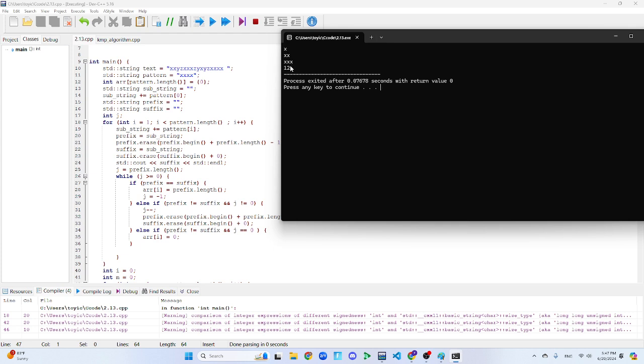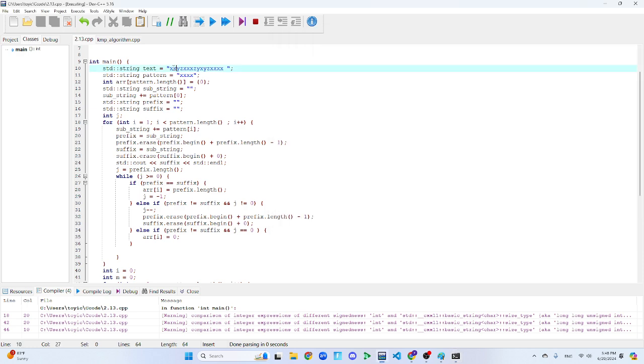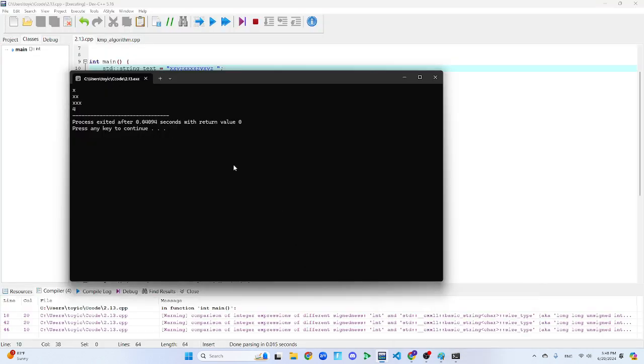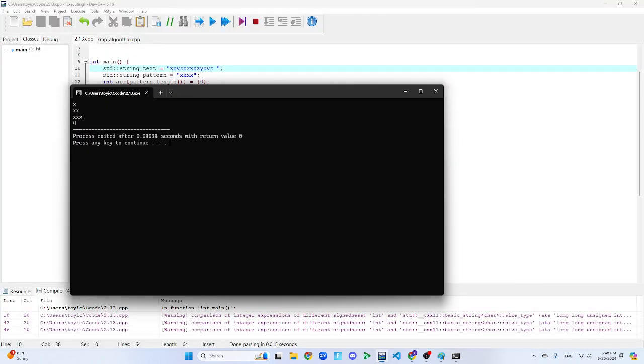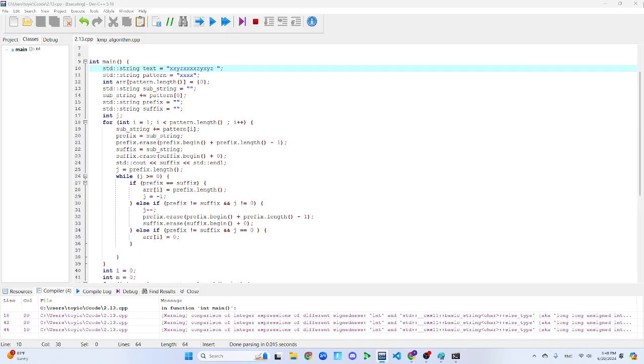And this is the index where xxxx is first found, which is correct, I think. I'm pretty sure. But if we put a 1 here, now it'll be different. It will say 4, which is correct: 0, 1, 2, 3, 4. And that's basically the code and the fundamentals of the KMP algorithm. Thanks for watching. Bye.